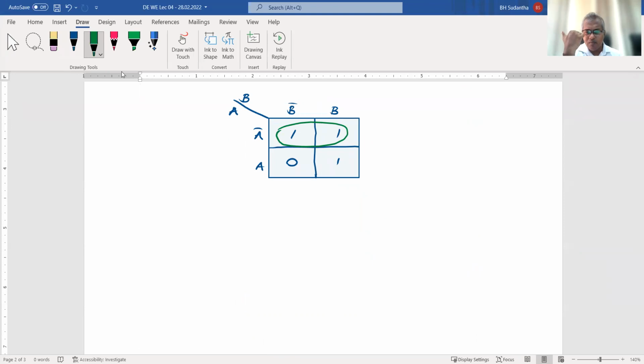Can't we do these two things at the same time? For the moment, assume that we can do it, assuming that this is allowed. What we have done is covered this one 2 times. Here, what is this? This is B. And what about this one? This is A bar. Now see what the new equation is: A bar plus B.